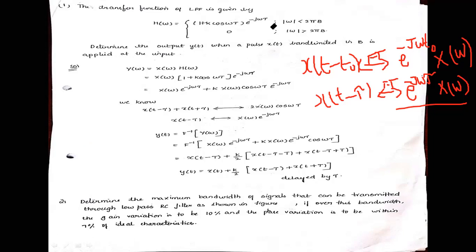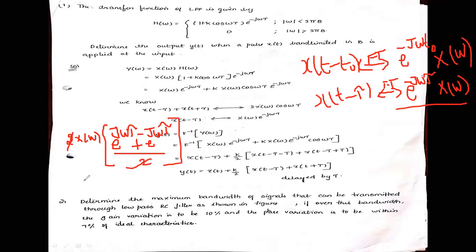What is a cos function in terms of exponential values? 2 into X of omega into cos omega tau, where cos omega tau is e power j omega tau plus e power minus j omega tau, divided by 2. The 2 gets cancelled here. It is in the form of X of omega e power j omega tau plus X of omega e power minus j omega tau.